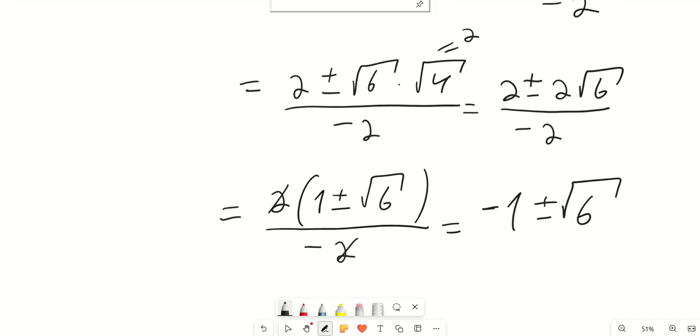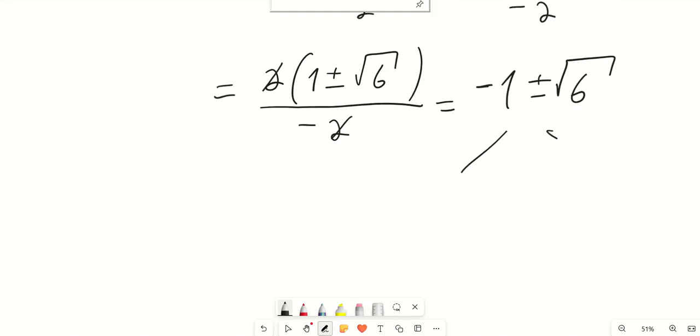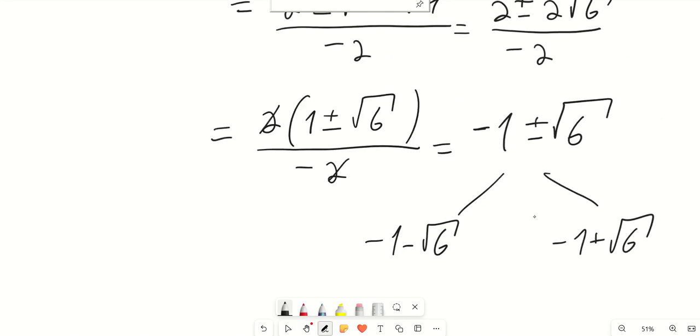But here I have two options: -1 minus the square root of 6, or -1 plus square root of 6. And these are the values for t.